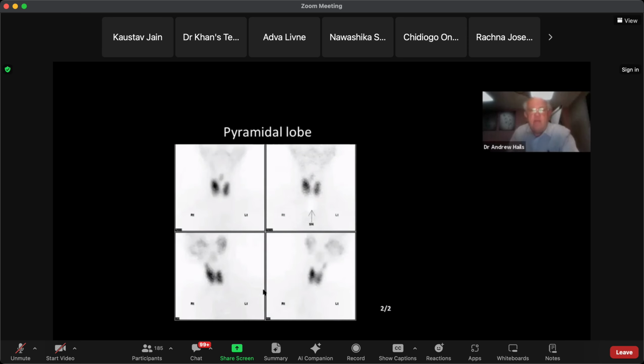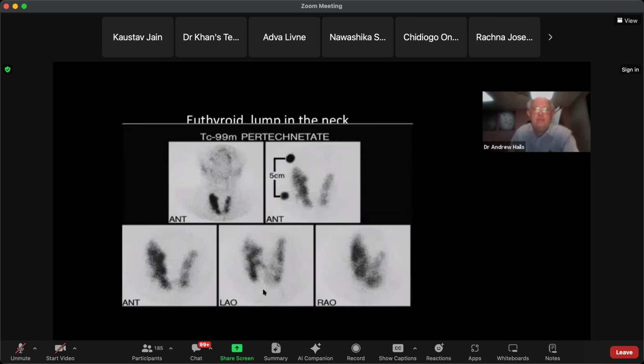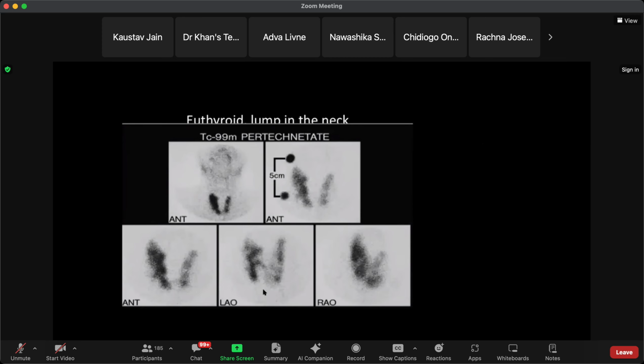So that's another pyramidal lobe. Now, I will ask you about this one. It says euthyroid lump in the neck. What is this lump? So there looks like there's increased, asymmetrical uptake in the right thyroid lobe.